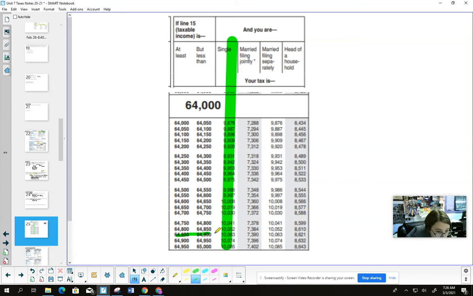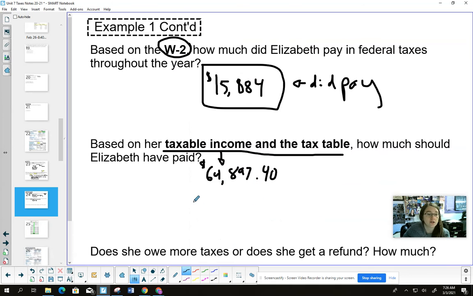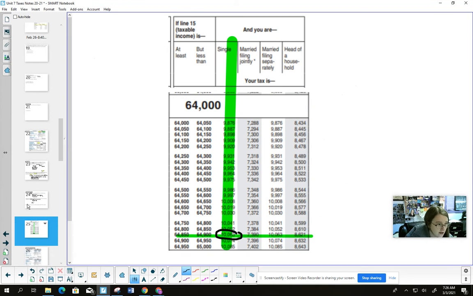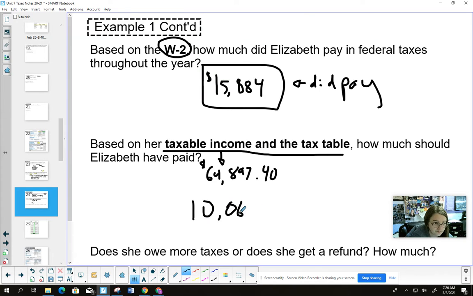That should be here. 897 is in between 850 and 900. So there's our answer, 10,063. So 10,000, right? Yep, 10,063. This is how much she should have paid.